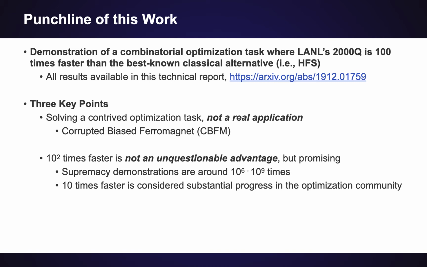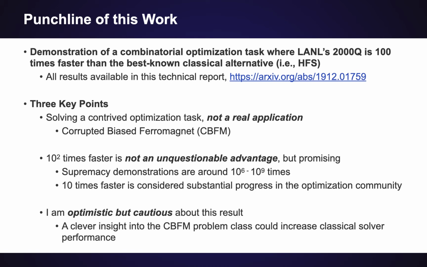If we look at other quantum supremacy type of demonstrations in the literature, they're demonstrating things like 10 to the 6 to 10 to the 9 times faster, which is much more significant. That said, an improvement of 10 times faster over the state of the art is generally considered a significant progress by the optimization community, so these results are very promising in that context.